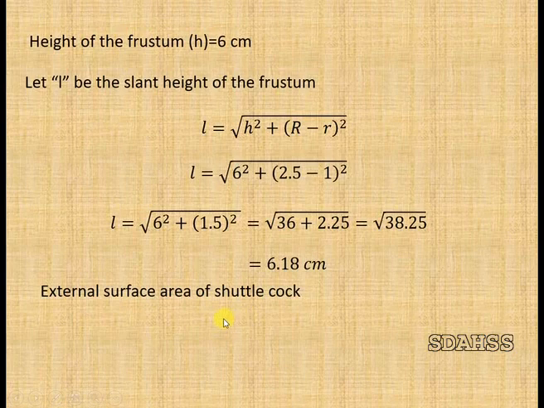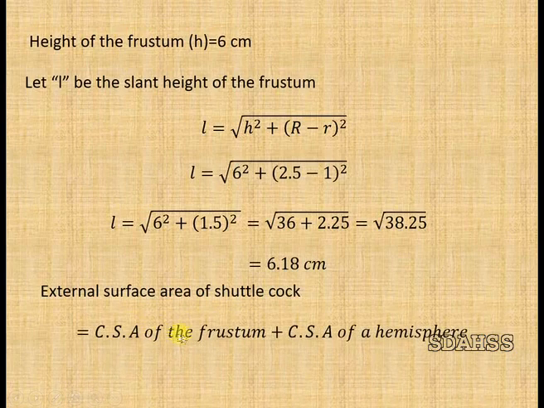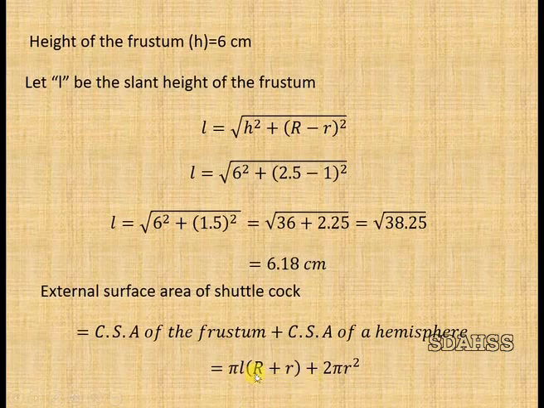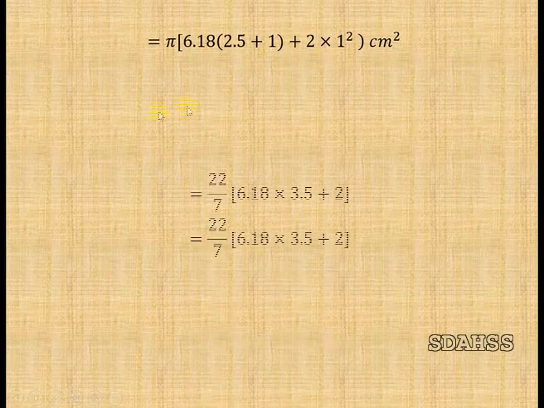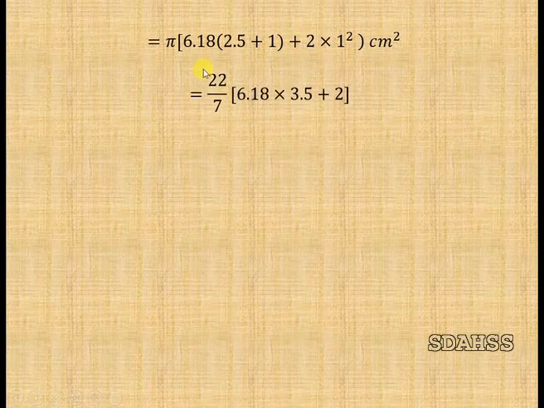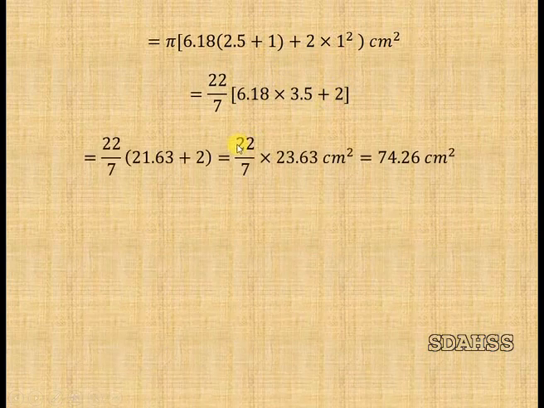Then external surface area of shuttlecock is equal to CSA of the frustum plus CSA of the hemisphere, which is equal to pi L into (R plus r) plus 2 pi r square. Pi L 6.18 into (capital R 2.5 plus small r 1) plus 2 into 1 square centimeter square, which is equal to pi, the value of pi is 22/7, into 6.18 into (2.5 plus 1) 3.5 plus 2 into 1 square, which is equal to 22/7.